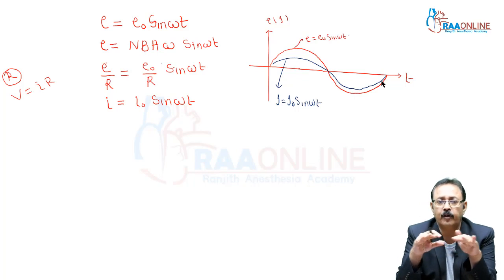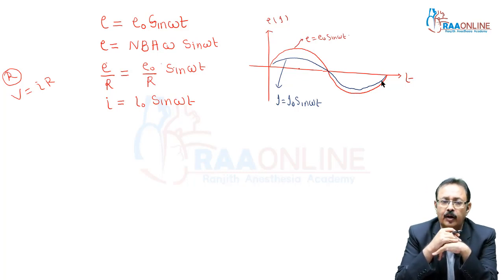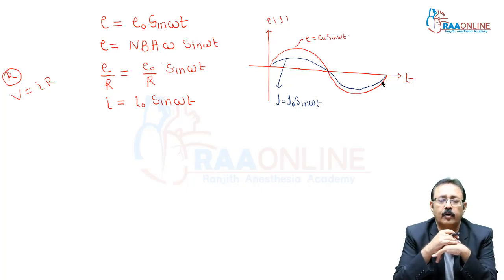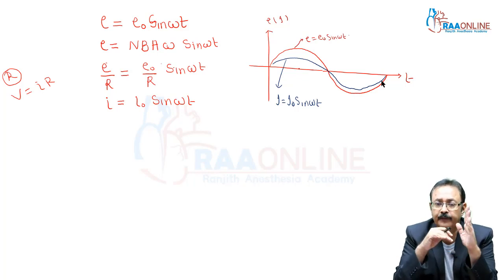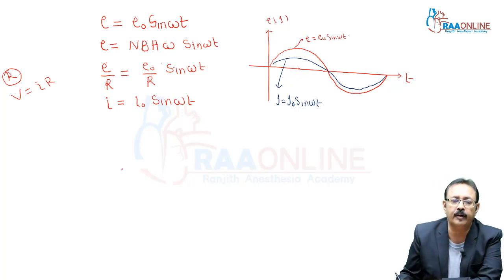Average means sum of all values divided by number of values. You will get 0. So the mean of E or I in alternating current or alternating EMF over a full cycle is not meaningful. But if you want to take a mean, you can take the mean for half cycle.